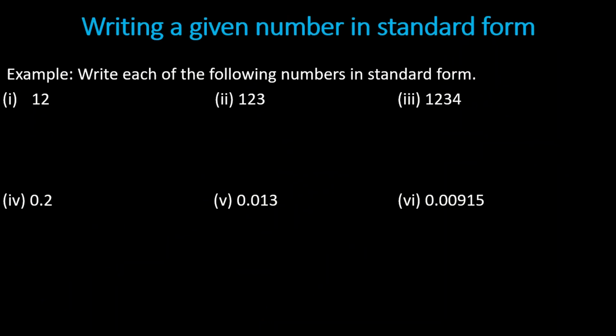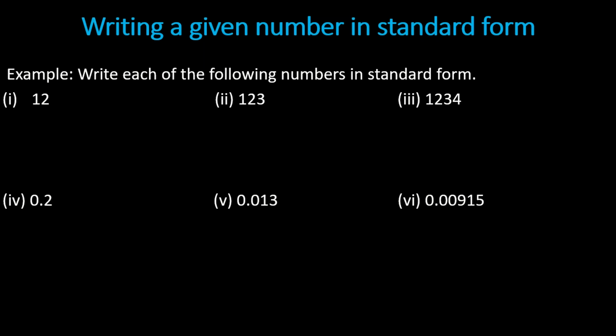So now, how do we write a given number in standard form? This is very important. Example, we are told to write each of the following numbers in standard form. First part, we have the number 12.